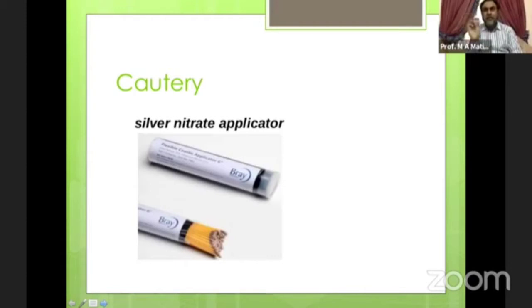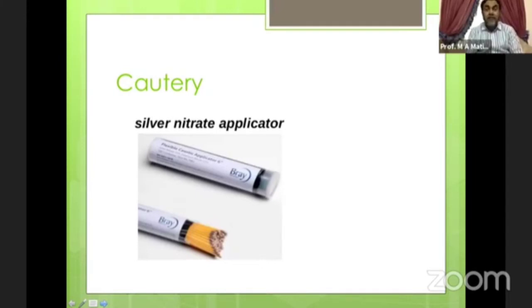A very easy way: give some local anesthetic spray to anesthetize the nose, and then with the application of bipolar diathermy or the silver nitrate cautery, you can do this cautery. So this is called chemical cautery by silver nitrate or electrocautery by bipolar diathermy. And then if the bleeding stops, put some nasal cream and let him go home. No problem, if his bleeding stops.